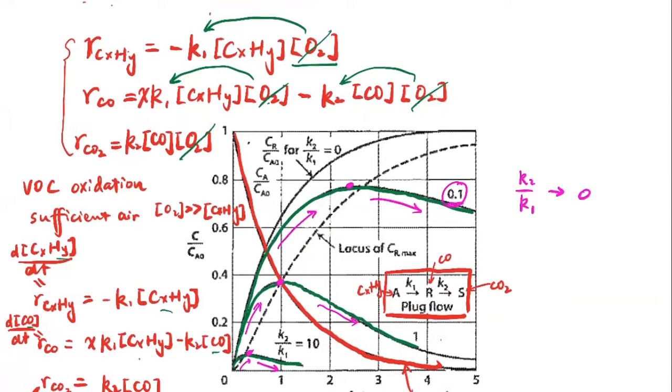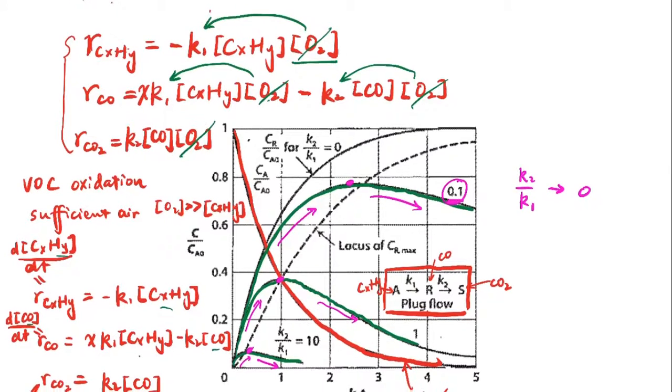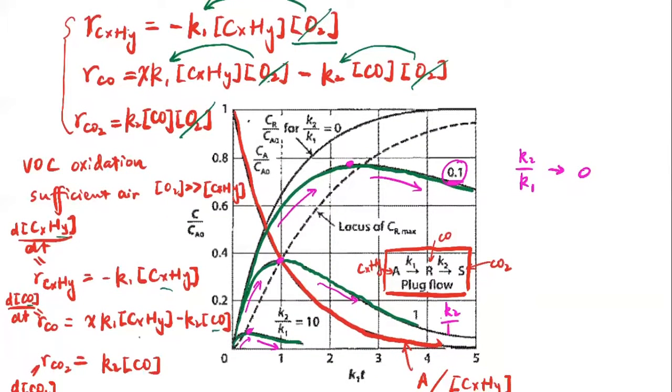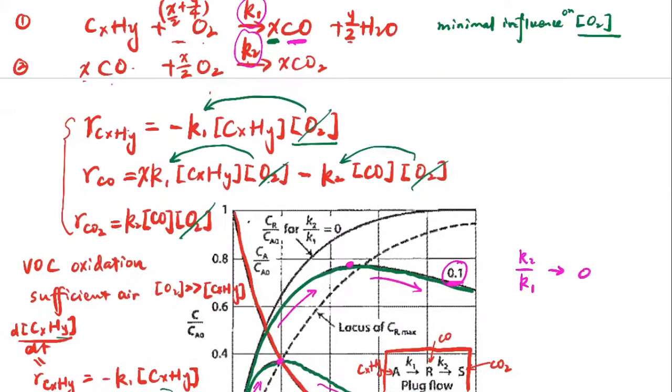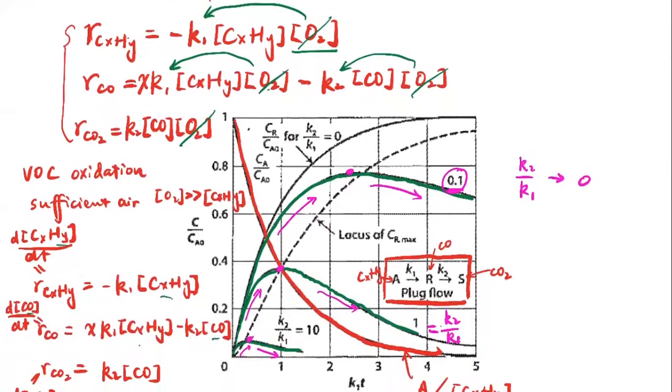So, for example, if the value is close to 0.1, then they're going to go with this shape here. Well, if K1 and K2 are equal to 1, which means that K2 is getting larger, then the curve will grow shorter, right? So there's going to be less carbon monoxide accumulated.